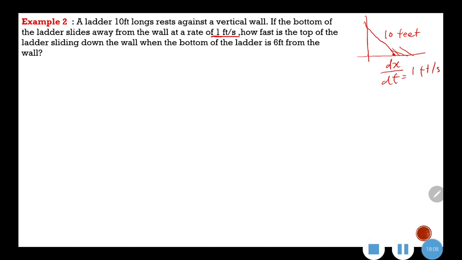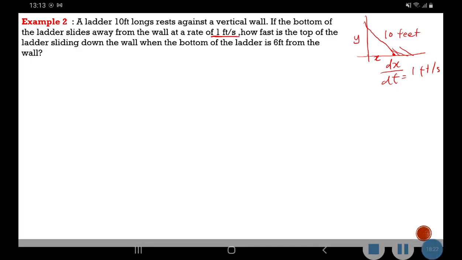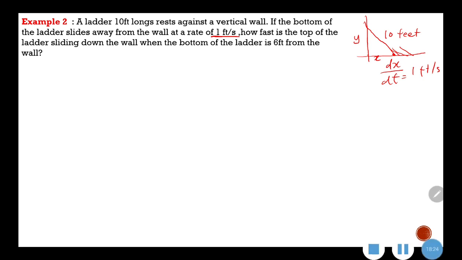Now this one should be y and this should be x. So when x is 6 feet, and dx dt is 1, this is the information that we gain from the question.